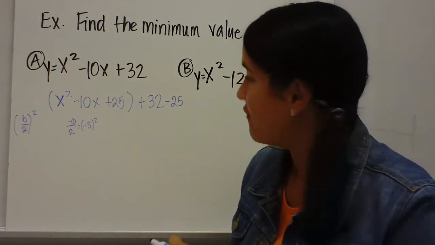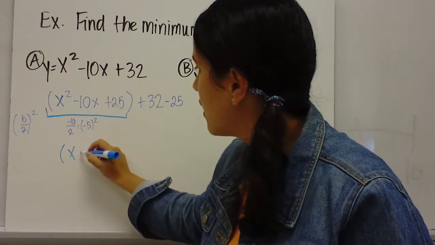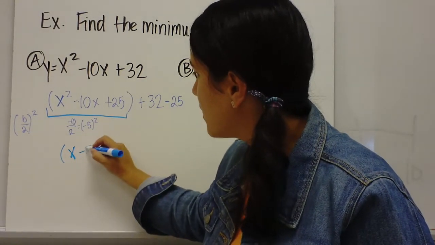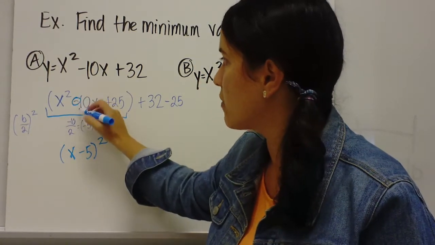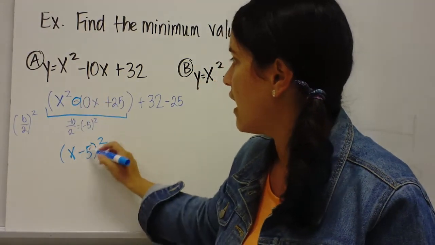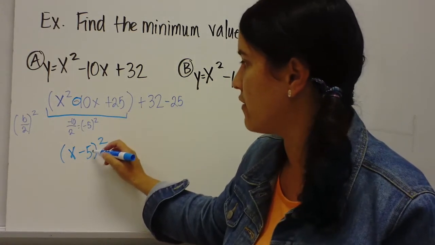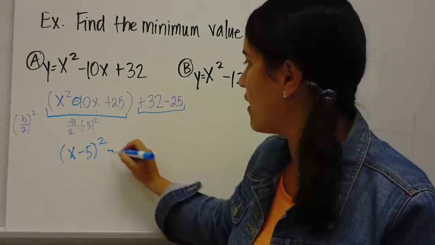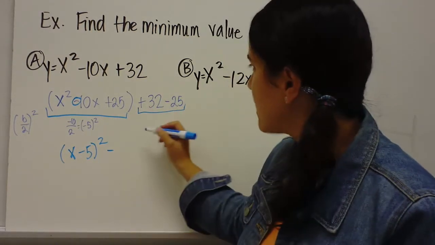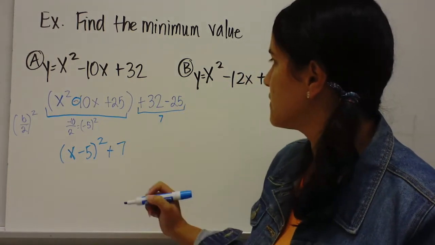Now I can factor this whole thing into x minus 5 squared. Because of the minus right here, I'm going to make that x minus 5. And then the square root of 25 would be 5. I combine these: 32 minus 25 is 7, positive 7.